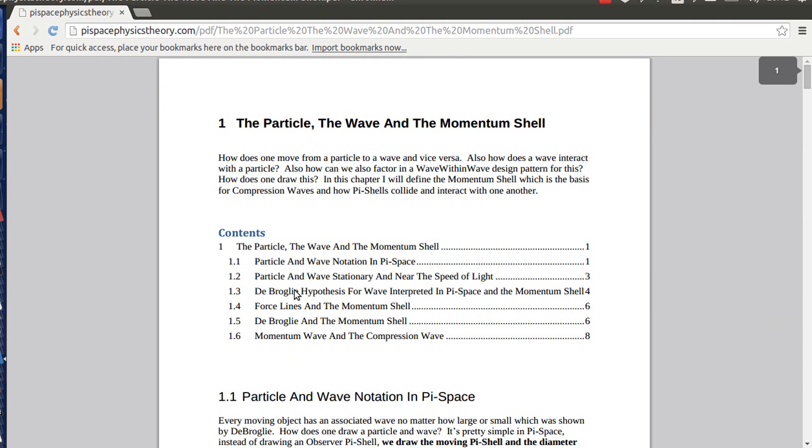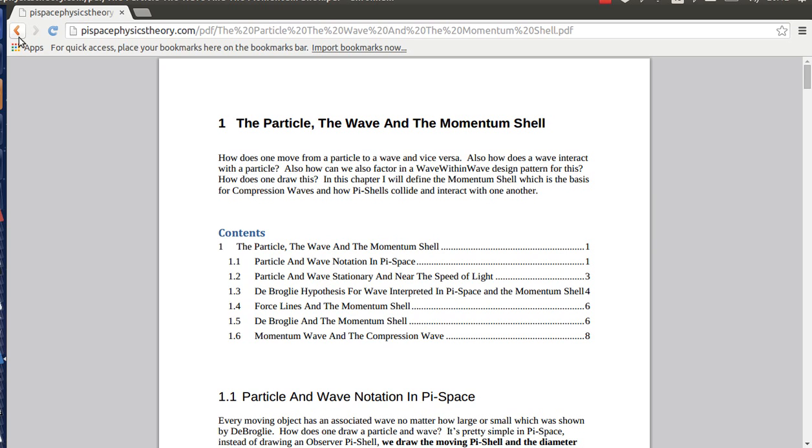The document is a couple of pages long, and it describes how the de Broglie hypothesis works, how to model force and the momentum shell, and also how to model the momentum wave and the compression wave.